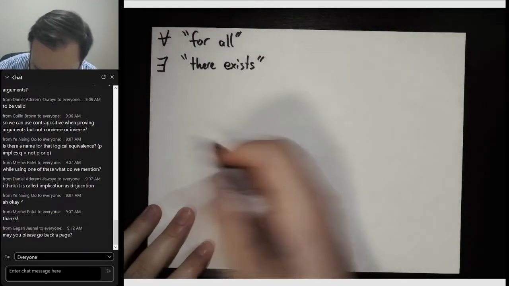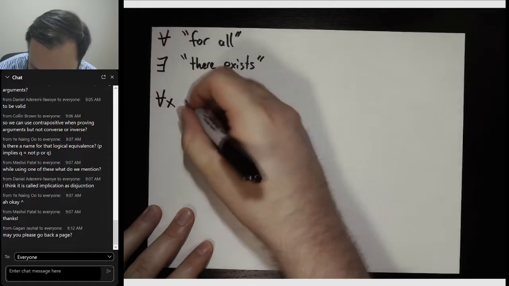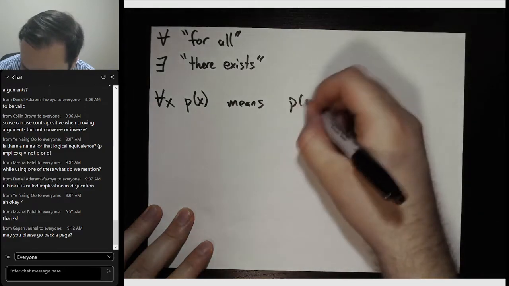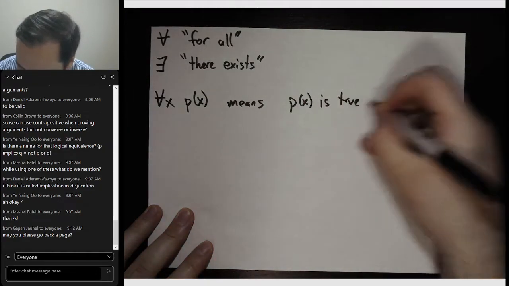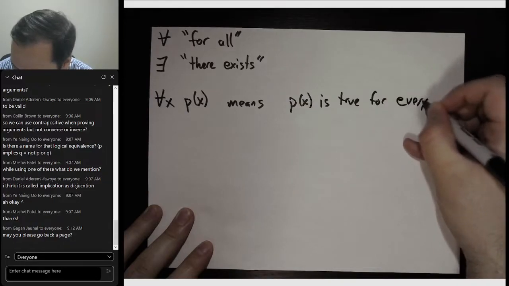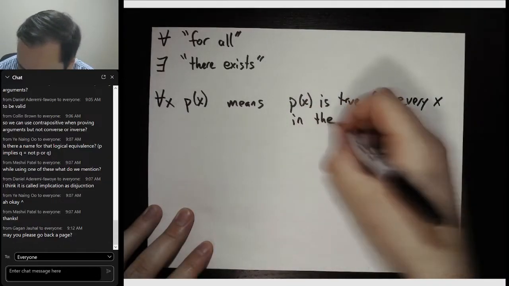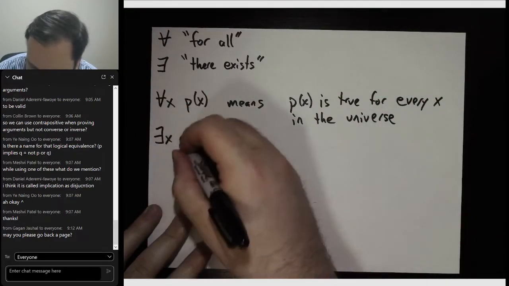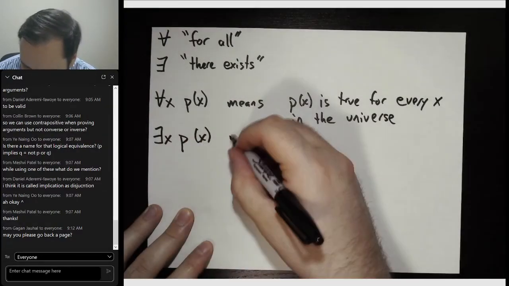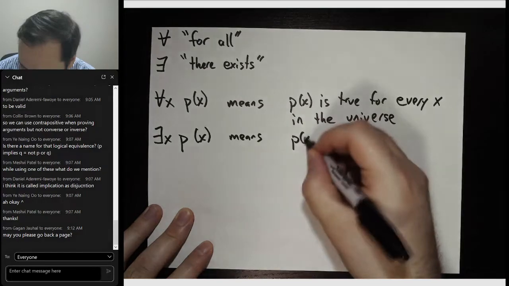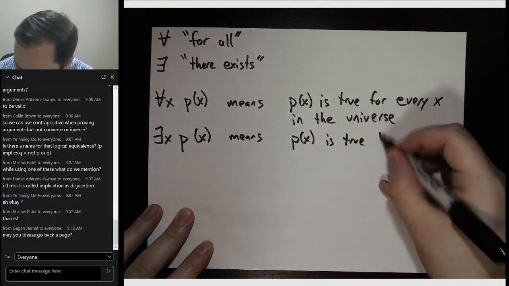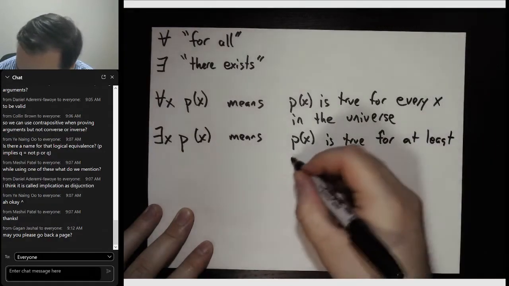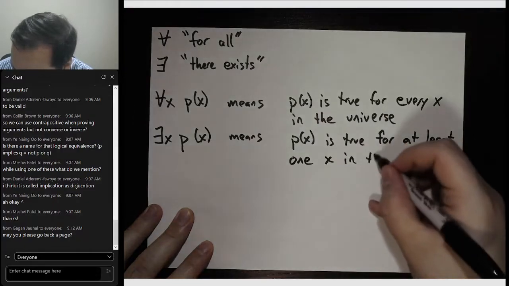Okay, so for all x, p of x means p of x is true for every x in the universe. And exists x, p of x, means p of x is true for at least one x in the universe.